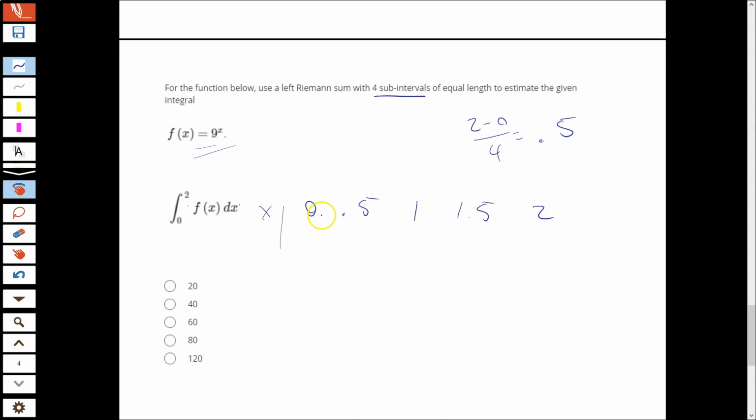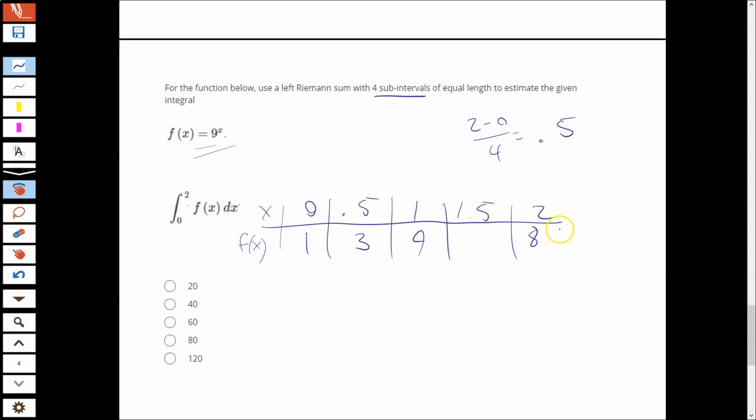Okay, so we're going to evaluate each of these using the function. And, well, let's see here. 9 to the 0 is 1. 9 to the 0.5, that's the same as the square root, is 3. 9 to the 1 is 9.